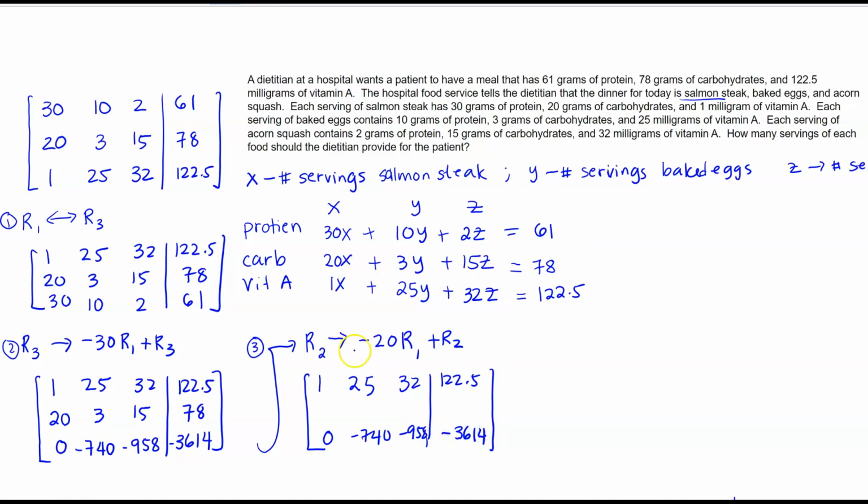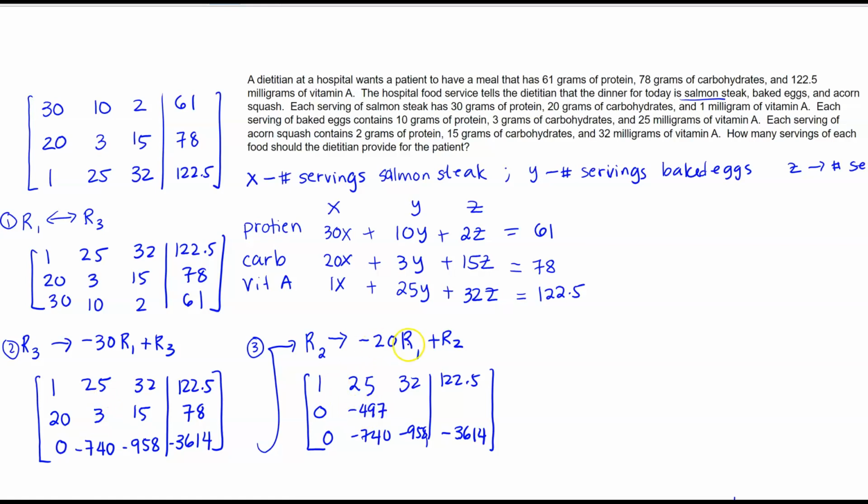And then the second row will be replaced by this. You multiply R1 by negative 20 and then add that to R2. You get 0. And then negative 20 times 25 plus 3 is equal to negative 497.